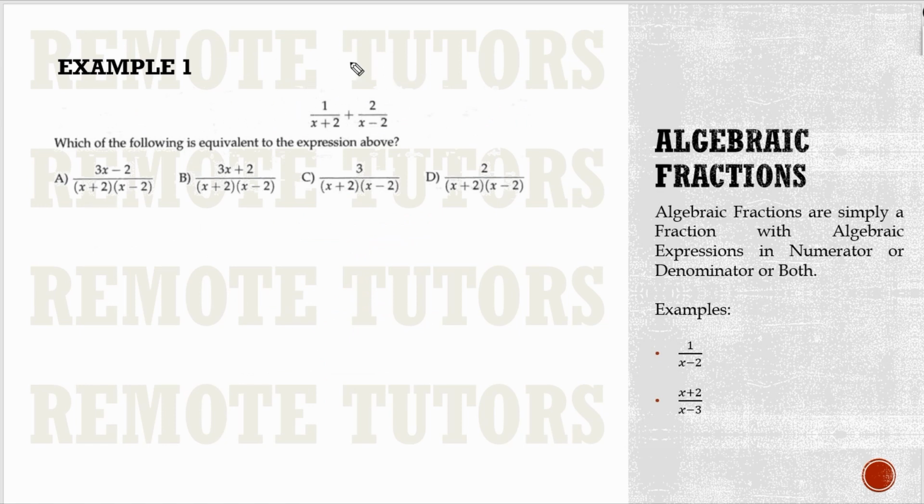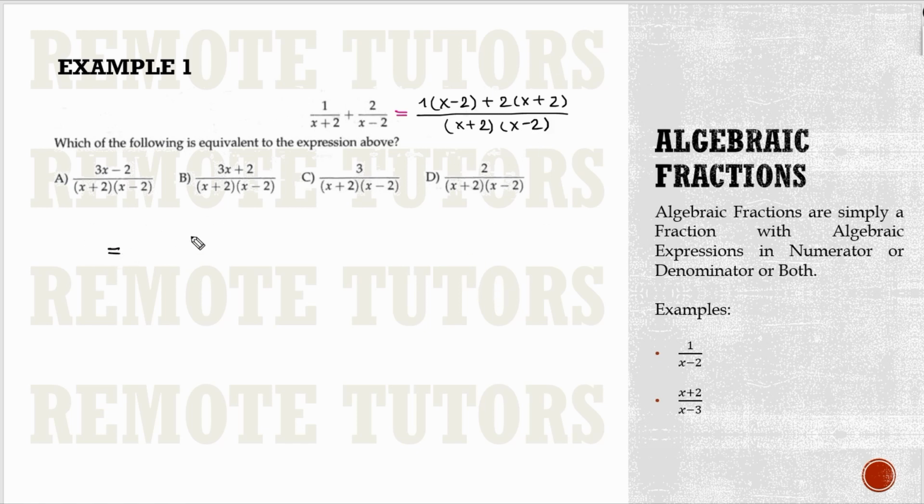Okay, let's see now example number 1, which of the following is equivalent to the expression above. So here we will just again follow the same steps. Cross multiply, that is 1 times x minus 2 plus 2 times x plus 2 divided by the multiplication of the denominators.